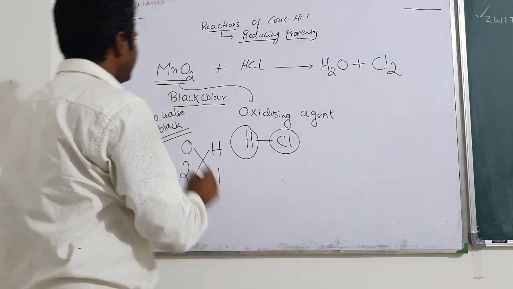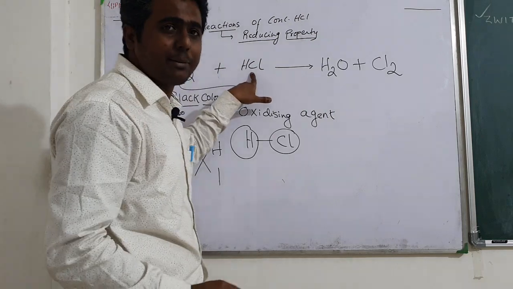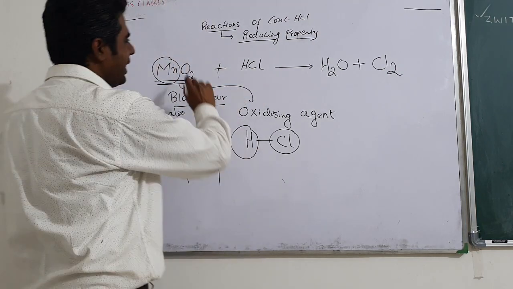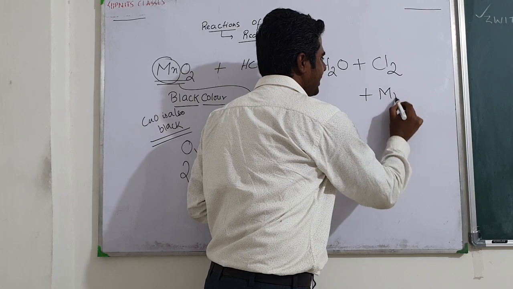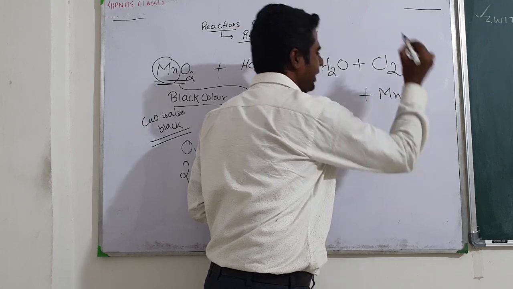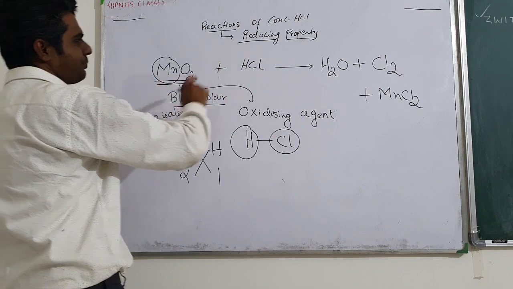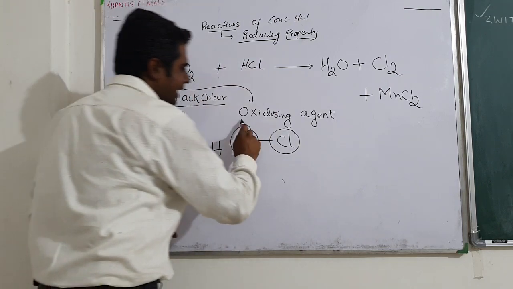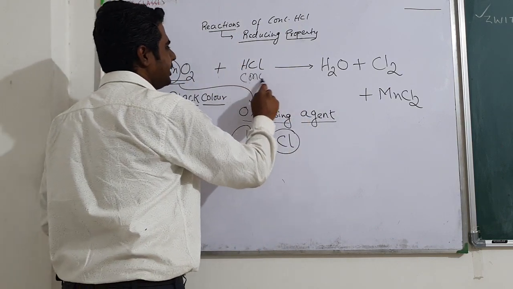What is remaining is Mn, and Mn will combine with Cl and form MnCl2.